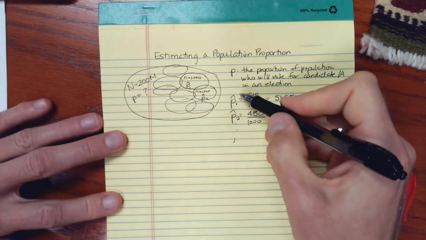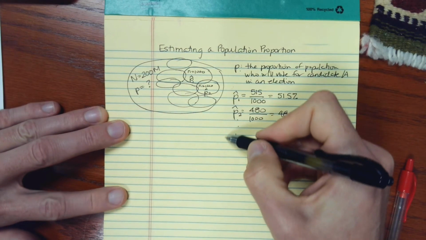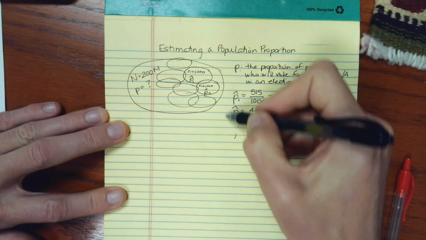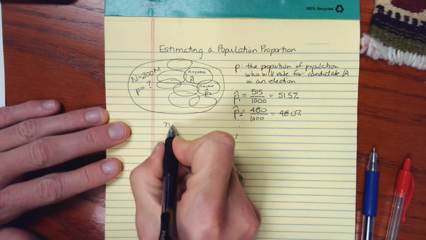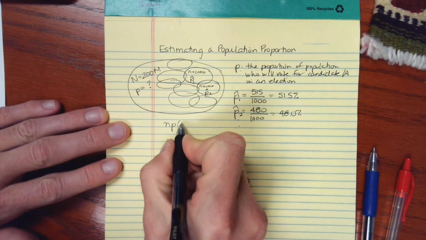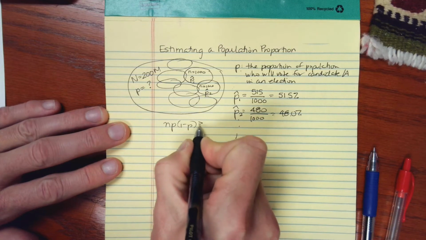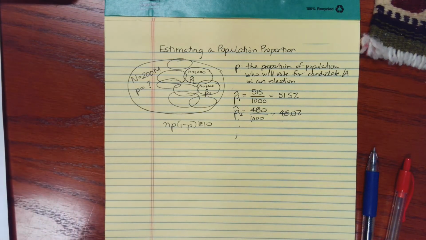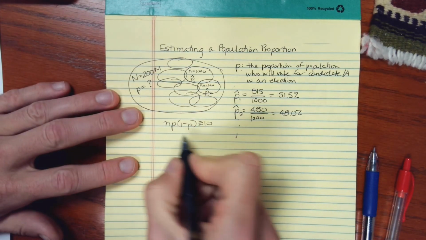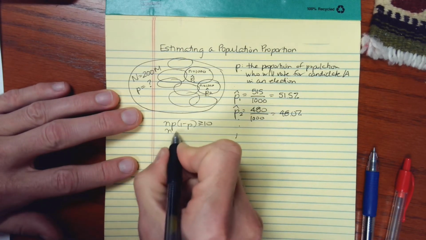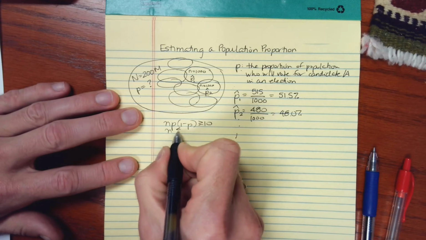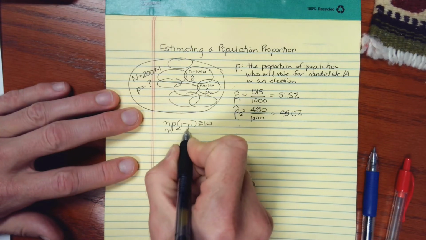Now, in another video, we've talked about the distribution of these. As long as certain conditions are met, for instance, we want to make sure that n times p times 1 minus p is at least 10, and we want to make sure that our sample size n is less than 5% of the population.